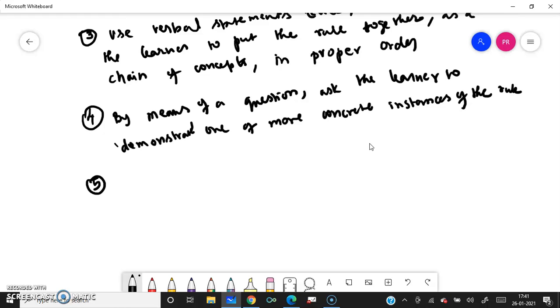The 5th step is: by a suitable question, require the learner to make a verbal statement of the rule. A child can restate it by himself in his own words.